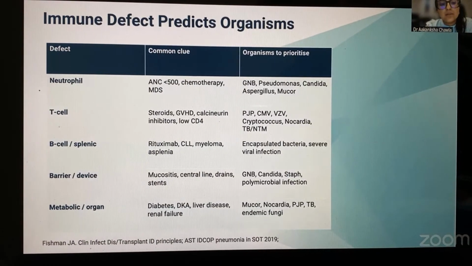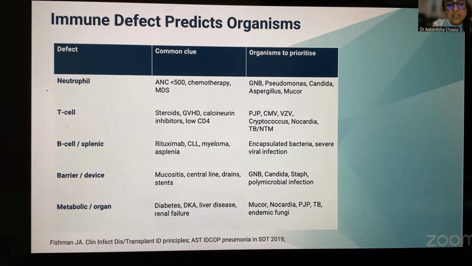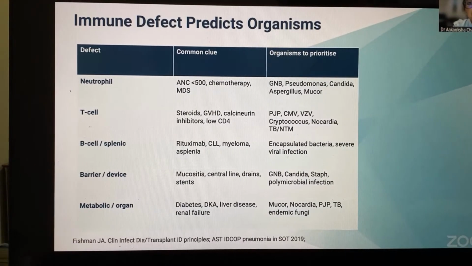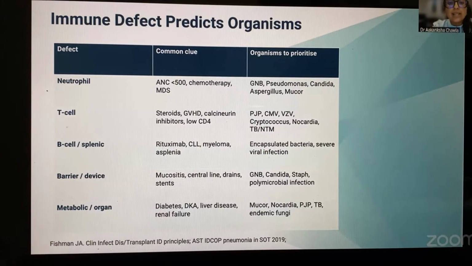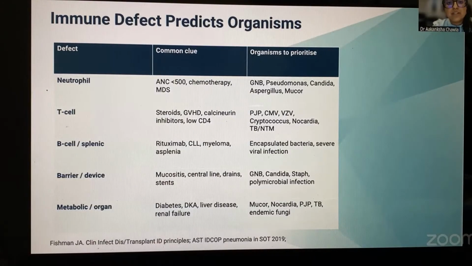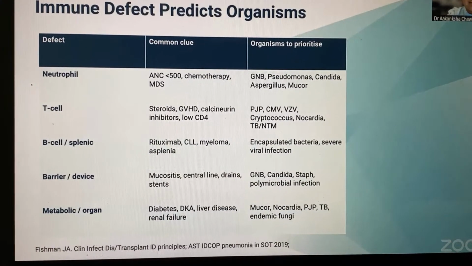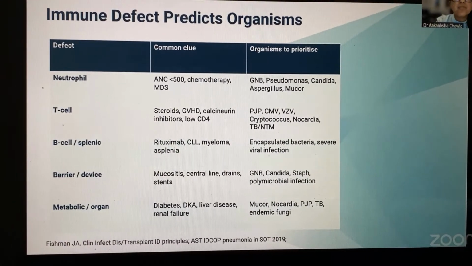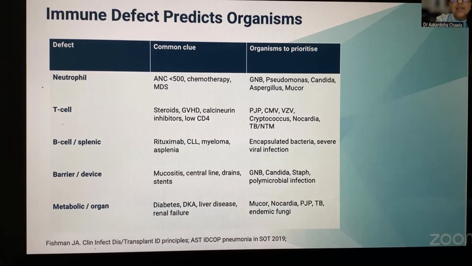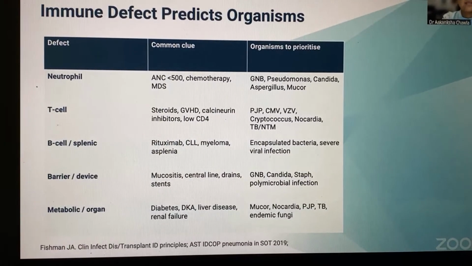Then B cell or splenic defect with history of rituximab, CLL, or myeloma: encapsulated bacteria and severe viral infections should be kept in mind. With any barrier compromise, the patient may have mucositis or an infected central line. We all understand that gram-negative bacteria are very prevalent in our ICUs as well, so you need to remember them even in this case.